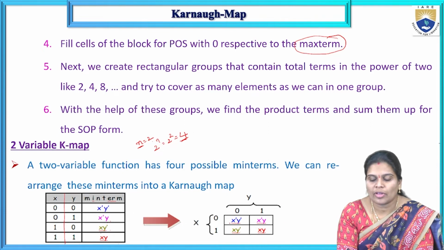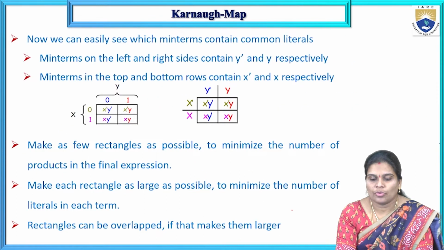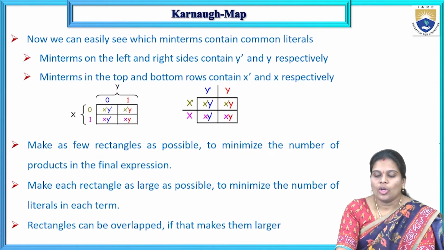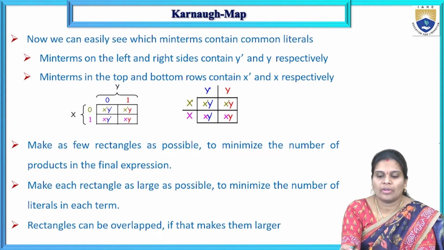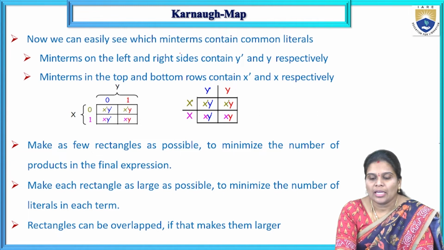In this block we have the 0, in this block the 1, in this block 2, in this block 3: 0, 1, 2, 3. Okay, this is the two variable K-map. Now how can we form the one group? We'll discuss this one. We can easily see which minterms contain the common literals.